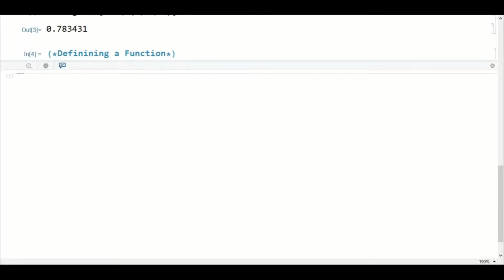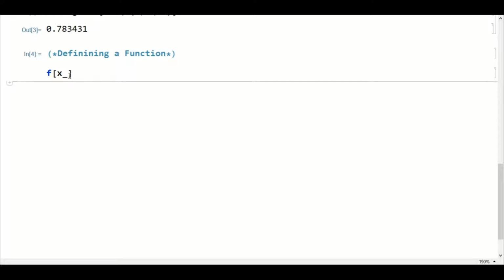So suppose that I am defining a function, f of x. Here x is the dummy variable, and f depends on variable x. You have to write it like this, and then put a colon, then equal to.